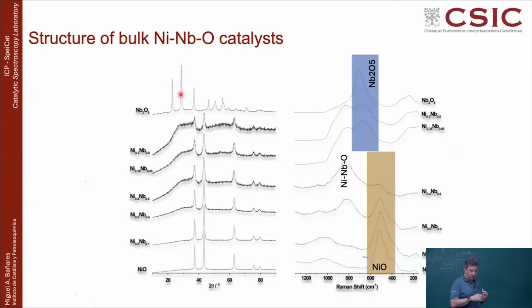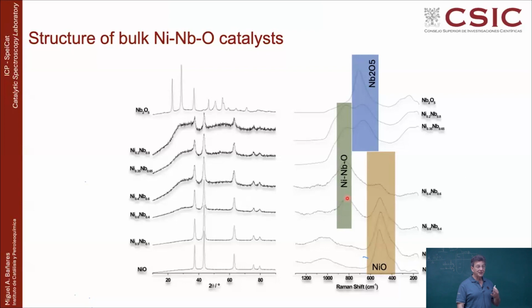And when you have a mixture between 0 to 100% nickel oxide or niobium oxide, what you start to observe is another Raman band that corresponds to the mixed nickel niobium phase. So depending on the loading, you can have dispersion, only a bulk nickel, bulk niobia, or a mixed nickel niobia.